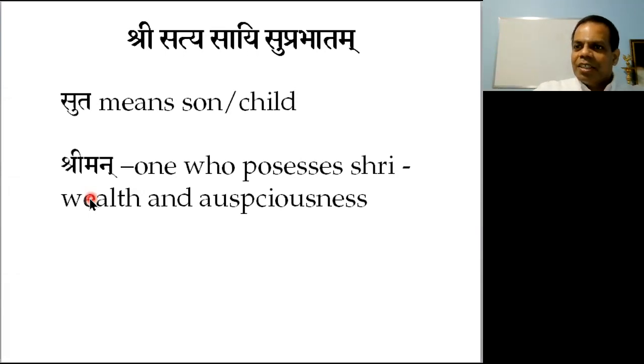This expansion of the world was seen by the rishis a long time ago. That is the word brah, that which is continuously expanding. Man means one who has it within him. That is how the word Brahman comes. So Shriman means one within whom all this auspiciousness, all the wealth in this world, everything is contained, that supreme being.